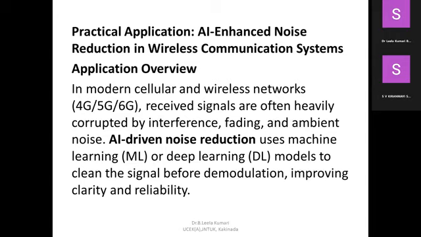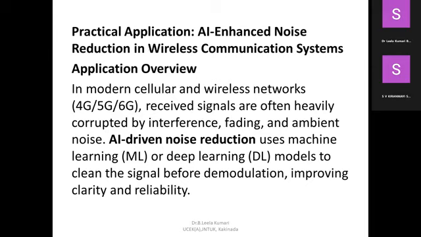Here, AI-driven techniques like deep neural networks or recurrent neural networks like LSTM are trained on large datasets of noisy and clean signals. The model learns complex noise patterns and predicts the clean signal from its noisy version. Even in 5G and 6G research, denoising autoencoders and transformers are increasingly used.